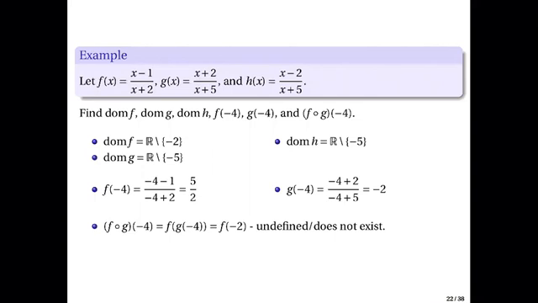You already calculated g of negative 4 and it's equal to negative 2, so g of negative 4 is always negative 2, yes? For this guy, yes, because this is your function g. So there is a connection between the two. Yes.